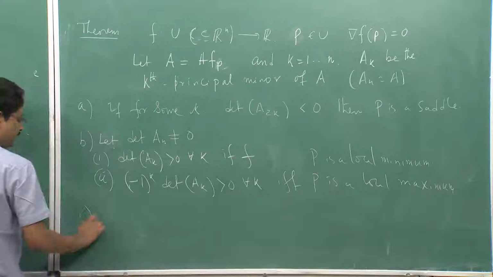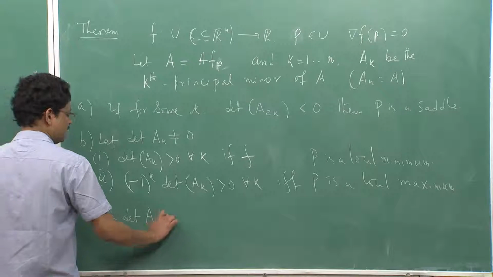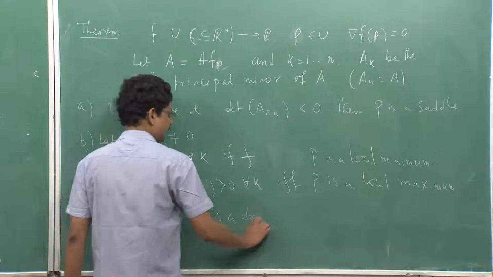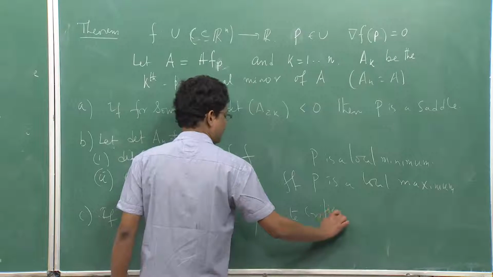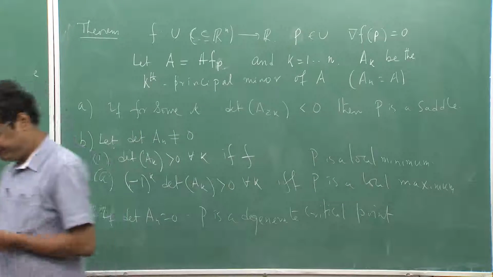And finally, if the determinant of A_n is 0, P is what we have already called a degenerate critical point, and in this case the test fails.